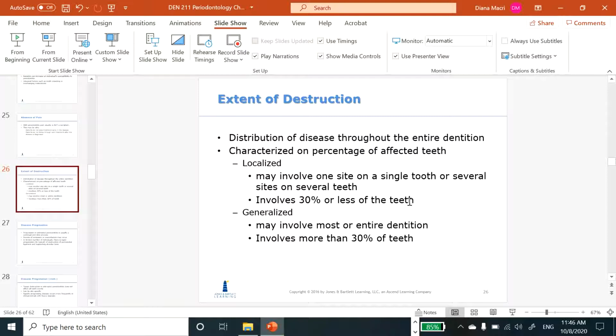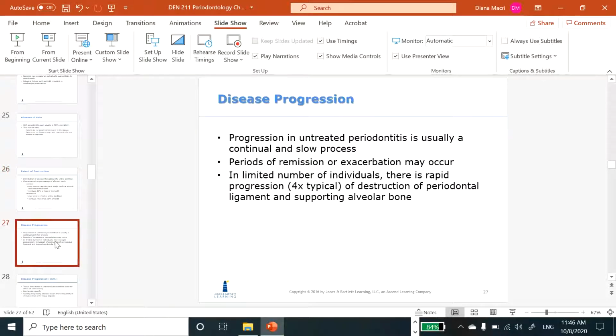This is a little different than when we talked about the probing depths last week, when we had to divide the probing depths. Now I'm talking about classifying periodontal disease, and we're going to go by teeth. And generalized refers to more than 30% of the teeth, or when we want to say that most or the entire dentition has been affected.